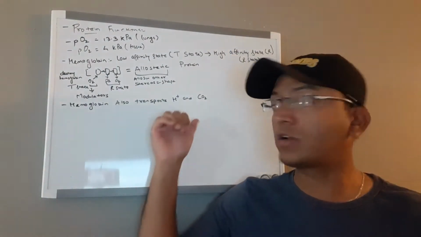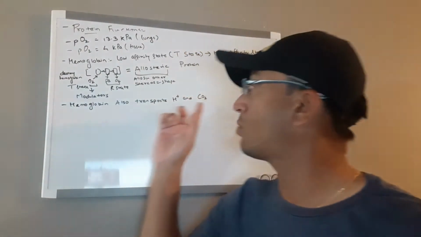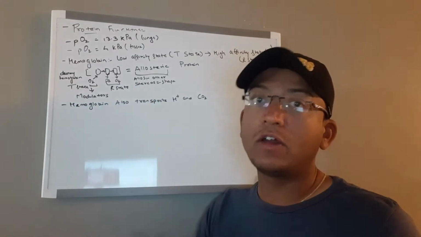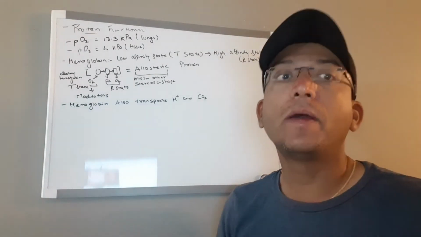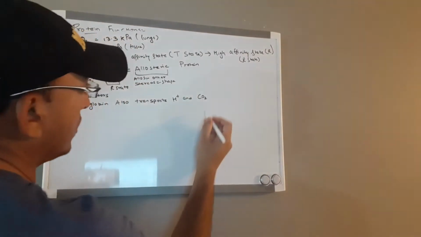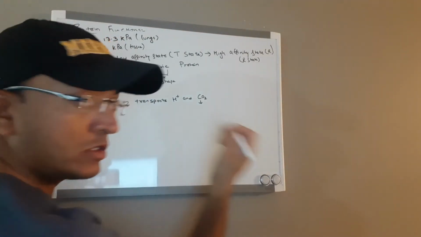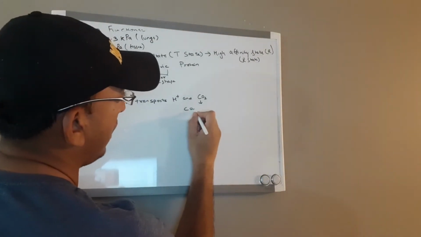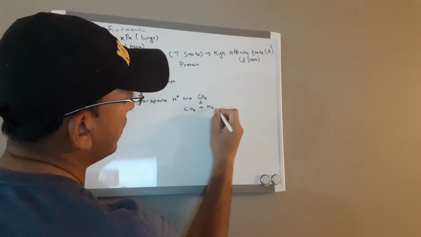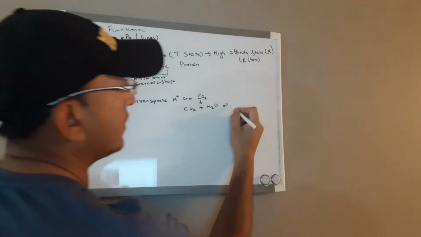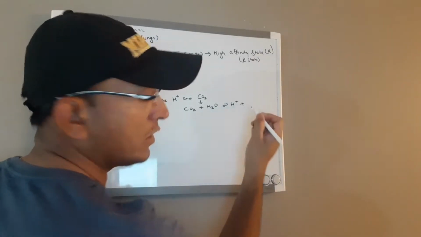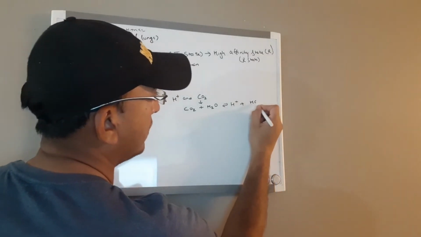The carbon dioxide produced by the oxidation of organic fuels in mitochondria is hydrated to form bicarbonate. So CO2 undergoes hydration, and the reverse reaction, to form the bicarbonate product.